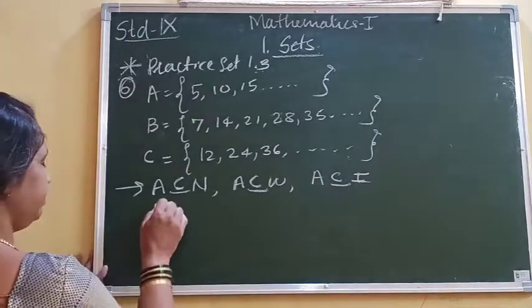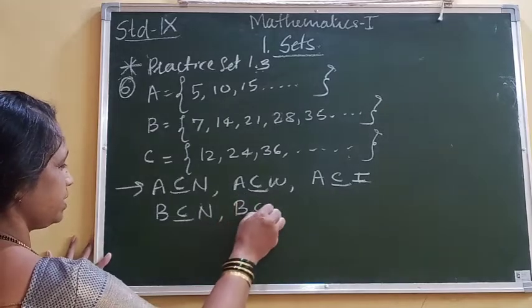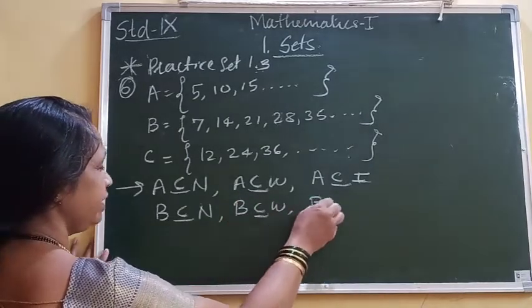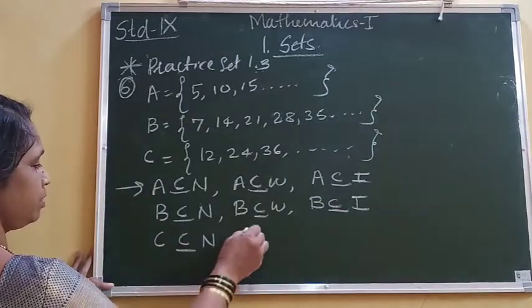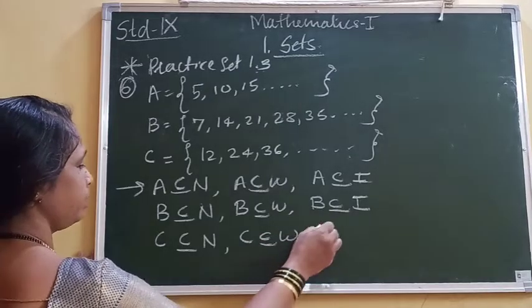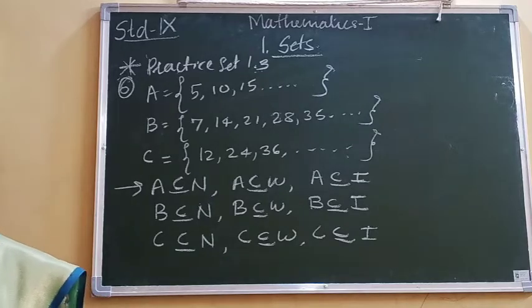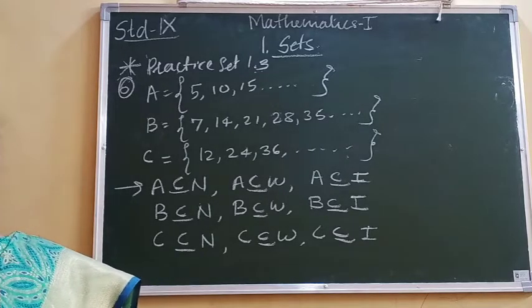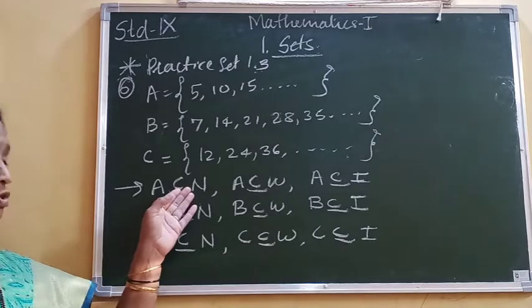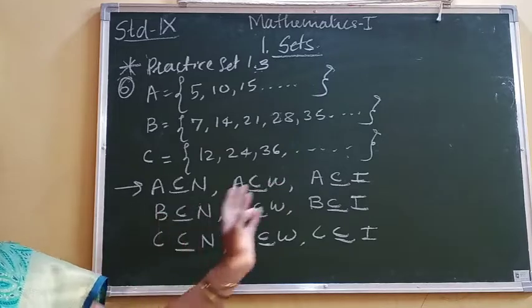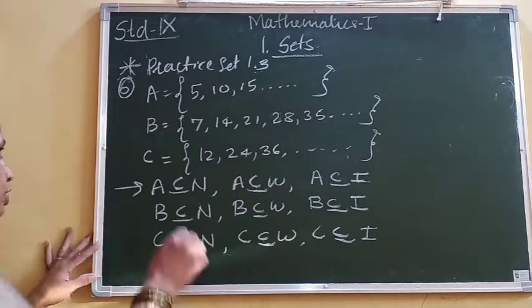Now next is set B. B is a subset of natural numbers, B is a subset of whole numbers and B is a subset of integers. Now C is a subset of natural numbers, C is a subset of whole numbers and C is a subset of integers also. Now which will be the universal set in this? So I will be the universal set. Okay, it means natural numbers come in I, whole numbers also come, and together it forms the integers. Okay, so this is the answer of the sixth question's first part.